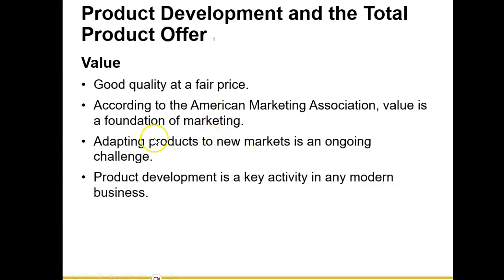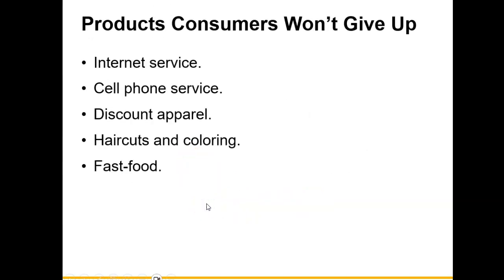So, adapting products to new markets is an ongoing challenge. So, we're always looking to add new products to the different market. Product development is a key activity in any modern business. We're going to spend a lot of time talking about product development.